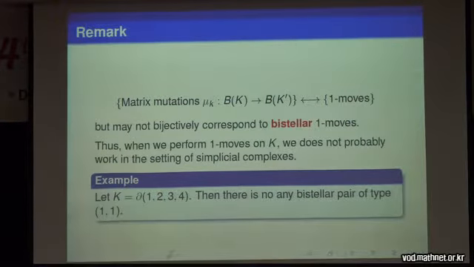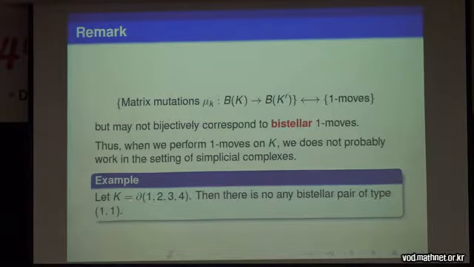So here, there is a one-to-one correspondence between the matrix mutation and the move. But here, the move is without any restricted condition. There is no one-to-one correspondence with the mutation for the bistellar move.